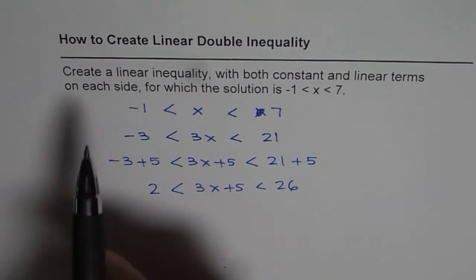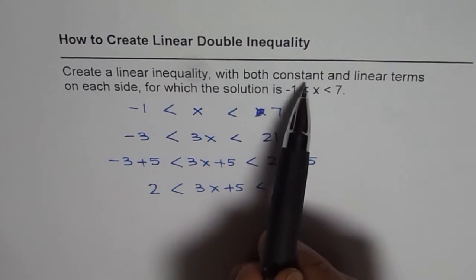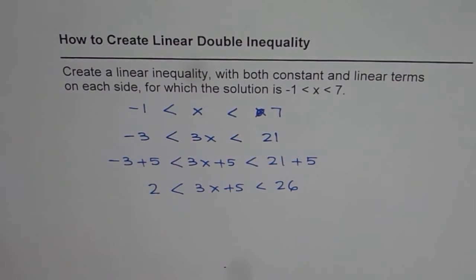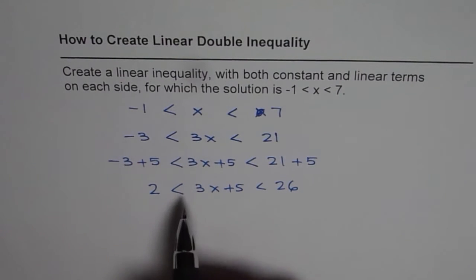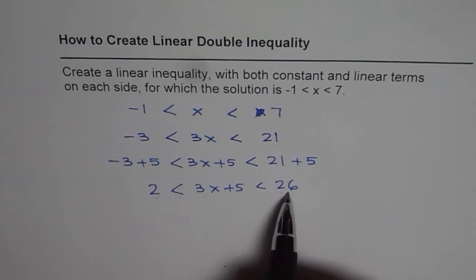Now the question here is, create a linear inequality with both constant and linear terms on each side, right? So we basically had to create it on each side. What we did not do here is we really do not have the inequality with x terms on the left side.